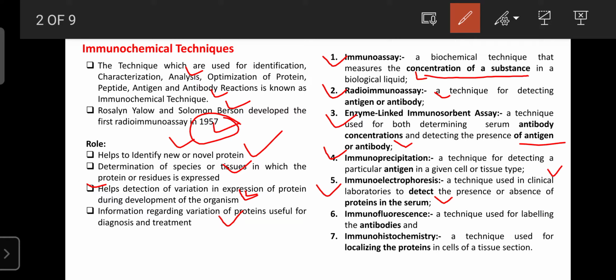It is helpful to determine various endocrine disorders, and in some cases it is helpful for the detection of infectious disease. Here it is detected on the basis of the movement of the proteins by applying current. In this method the current is applied.